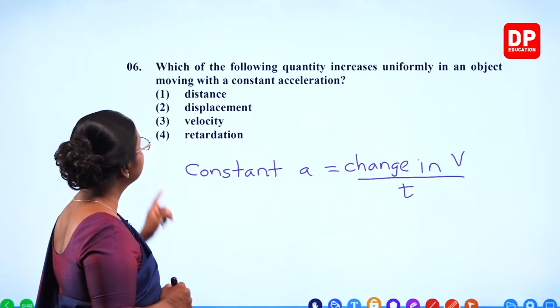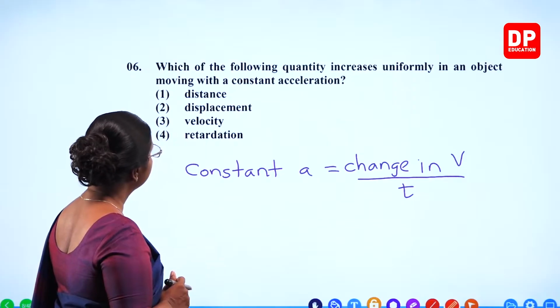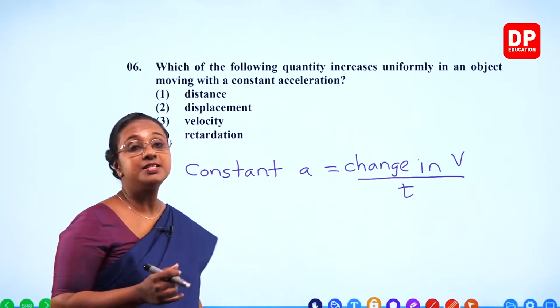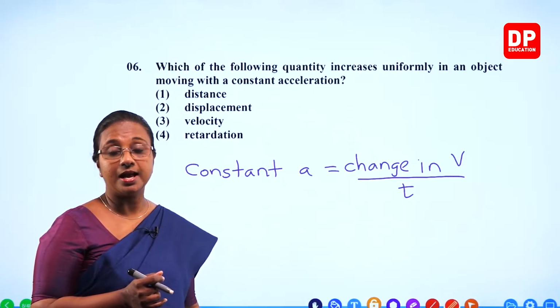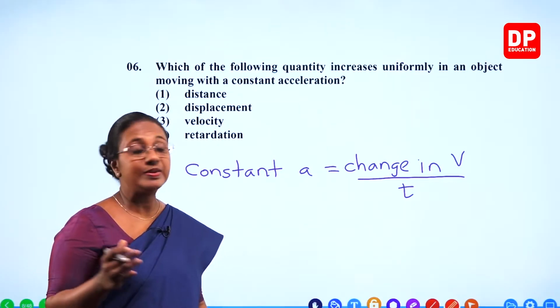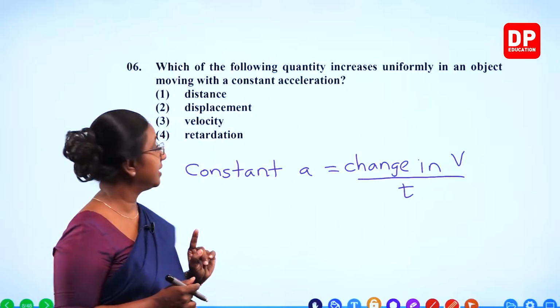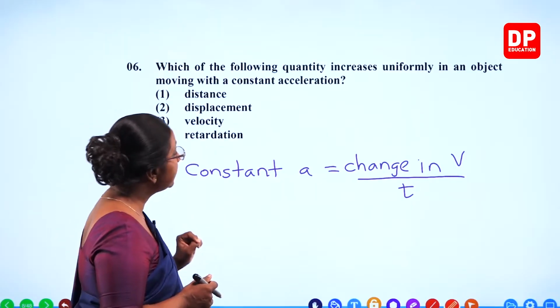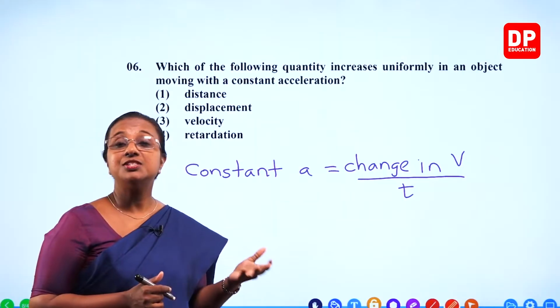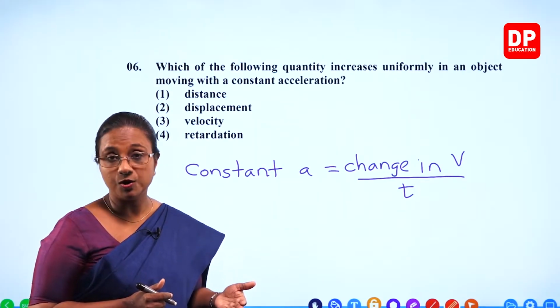Now, if you look at the answers given to us, first one is distance. Now, what is the change in distance with time called? That is the speed. Change in distance with time is known as the speed. So, not constant acceleration. Then displacement. If there is change in displacement with time, we call it the velocity.